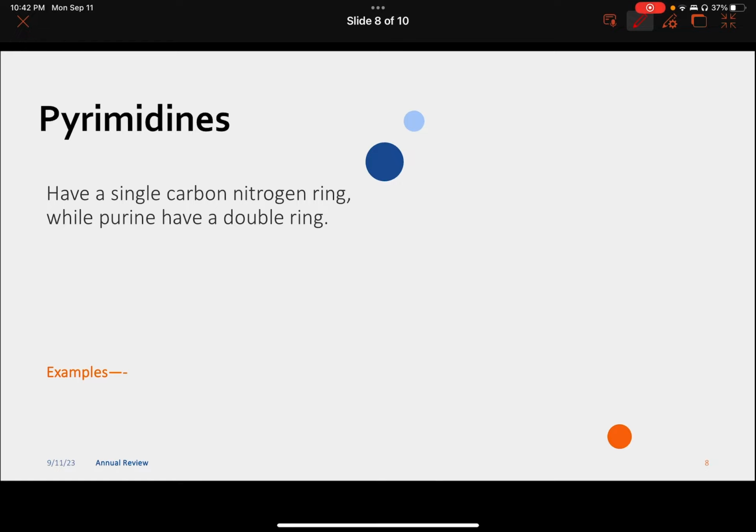Okay, so more specifically, there are 3 pyrimidines found in nucleic acid, which are thymine, which is only in the DNA, uracil, in the RNA only, and cytosine, which is in both DNA and RNA.